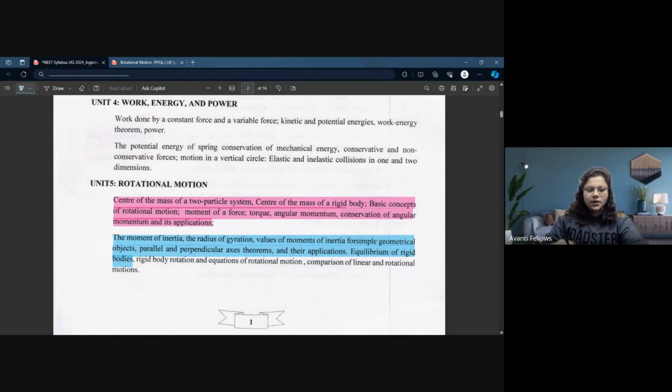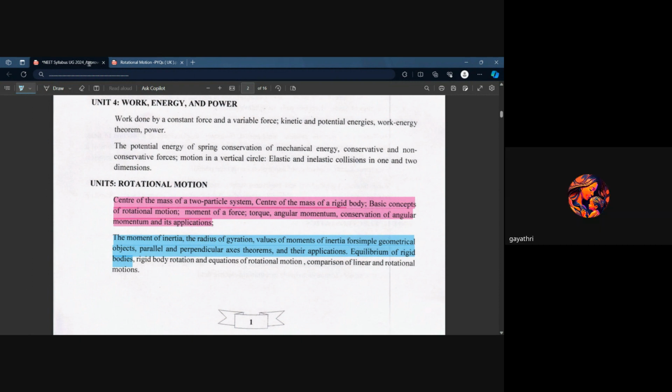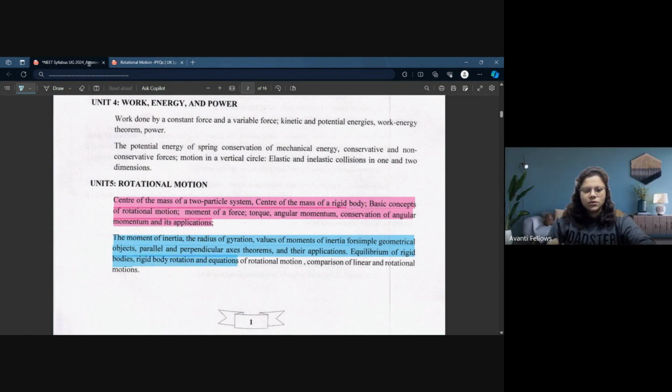Okay. Then we have done the rotational equations. You remember those equations like v equals u plus at. So in angular terms, we can write it as omega final equals omega initial plus alpha t. Yes, so we have done that. Cool. And the last topic is comparison of linear and rotational motions.